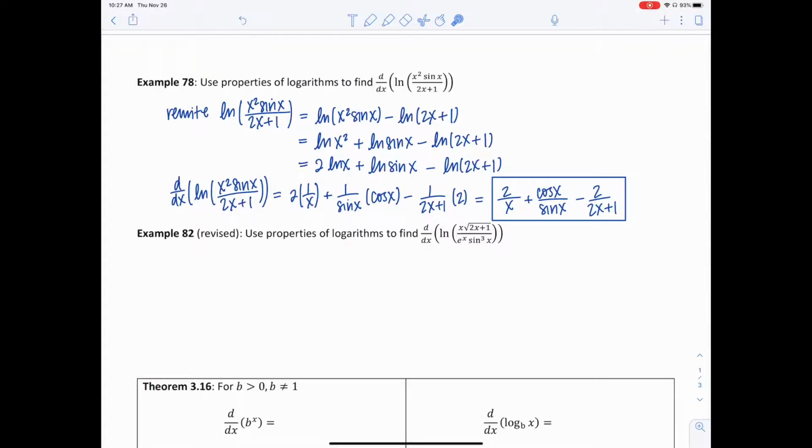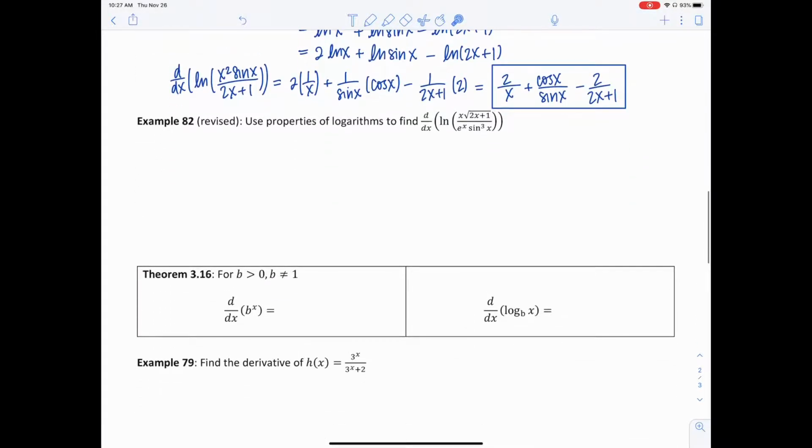Okay, let's do another one. Let's use properties of logs to rewrite this. I'm just going to call this f of x so I don't have to rewrite it. ln of f of x. Okay, separate the top and the bottom.